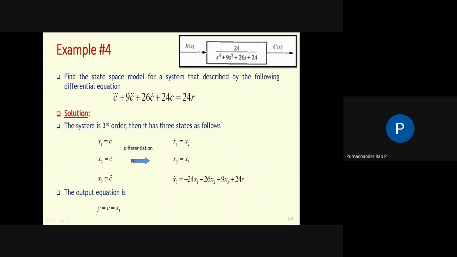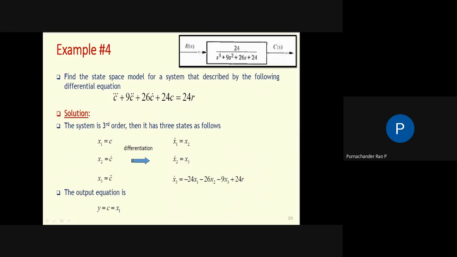Now, next, let us take the system which is given by the transfer function here. For this transfer function, we need to write up the state space model.